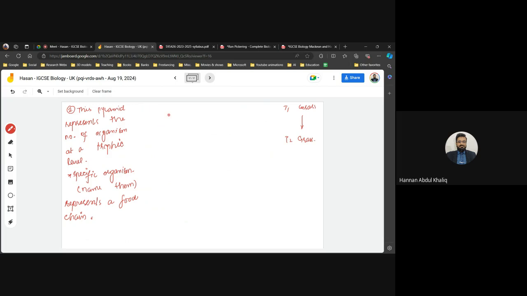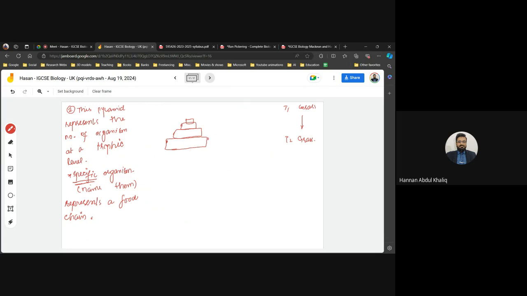So in this kind of pyramid, we specify the organism just like we specify them in a food chain. Let's suppose I draw a food chain and I want to show the total number of organisms in that food chain.